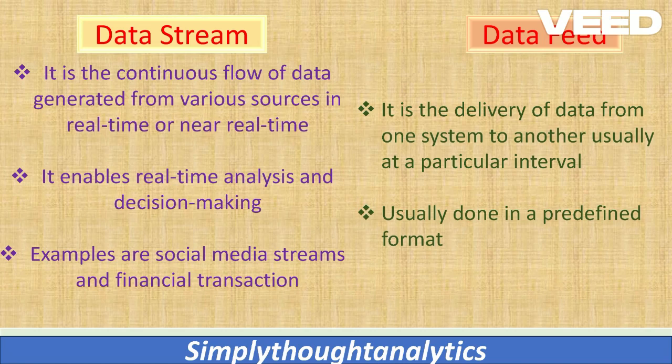You want the data to come into your system in a particular format. But with a data stream, the data is raw and comes in the same way it is generated, whether structured or unstructured.